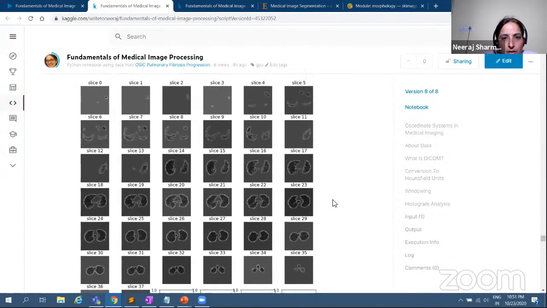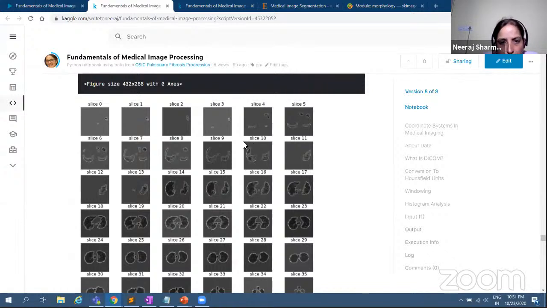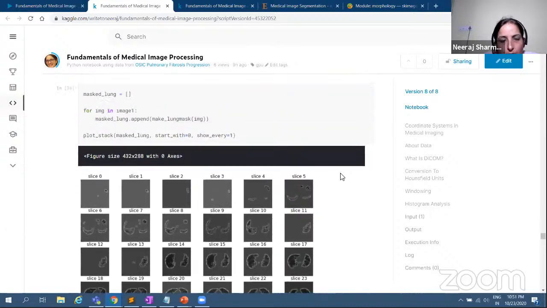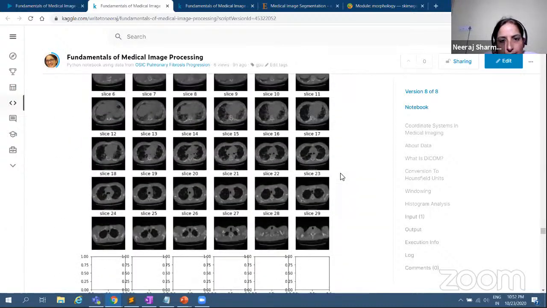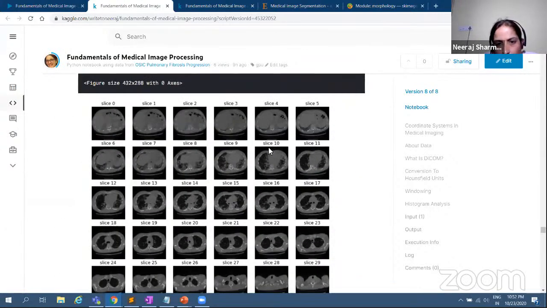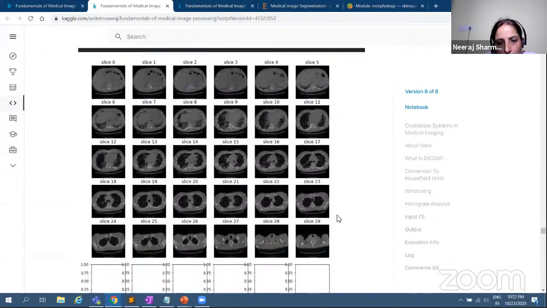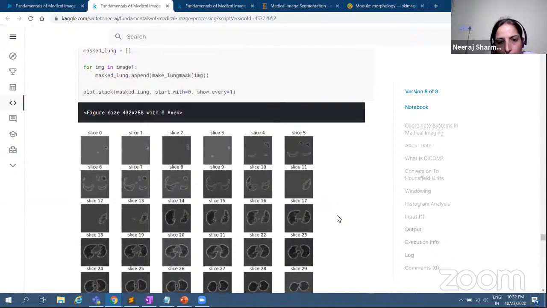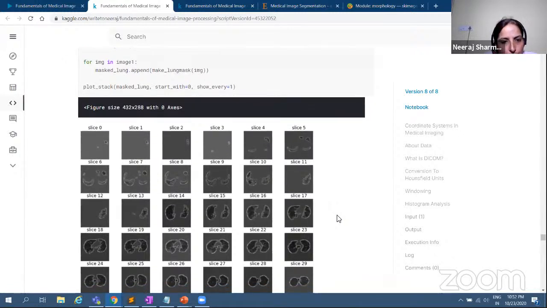But if we see scan slice 10, and compare with the original slice 10 here, then this segmentation actually missed some part. This lung is much bigger than what we get out of the segmentation. This is a problem which I need to fix.